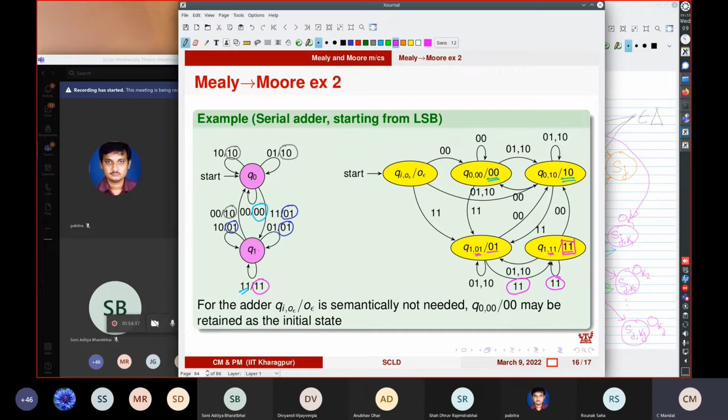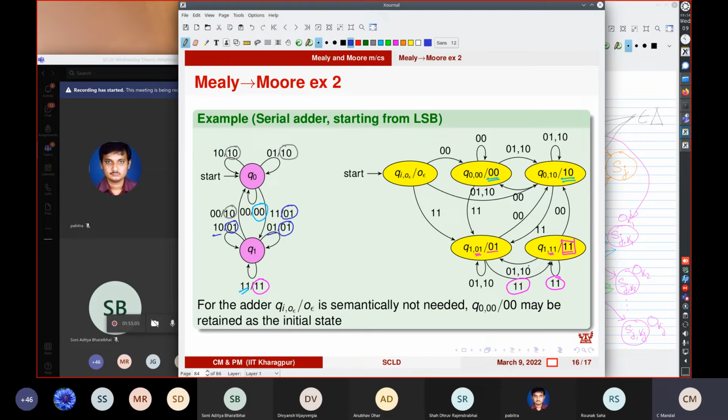So for all copies of Q0 on 1, 0 and 0, 1, I shall make a transition to the copy of Q1 where I get the output 0, 1. So 1, 0 or 0, 1.